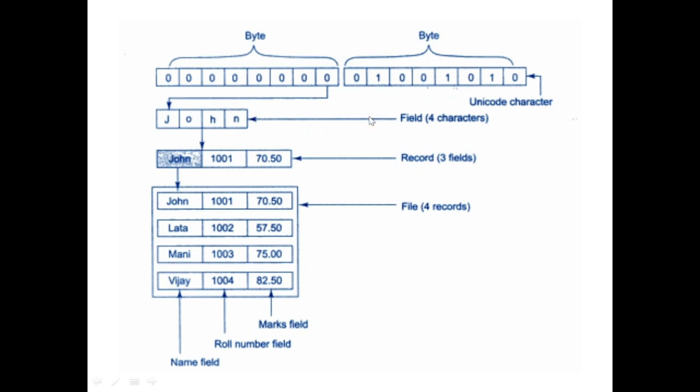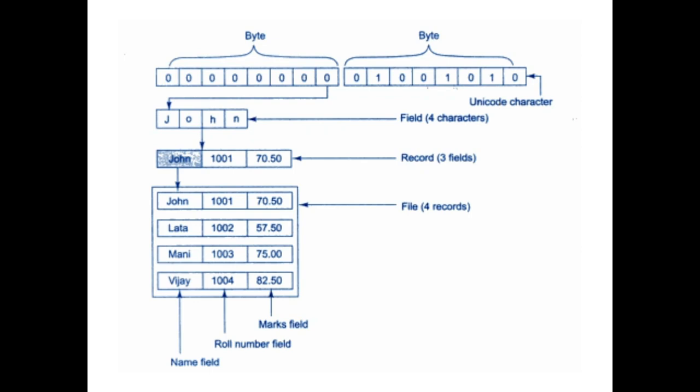So you can see that this field consists of characters, and each character in actuality is composed of 2 bytes of data. That is the Unicode encoding of your characters. Okay, you must be familiar with that.